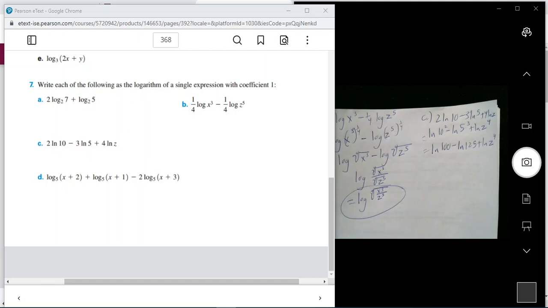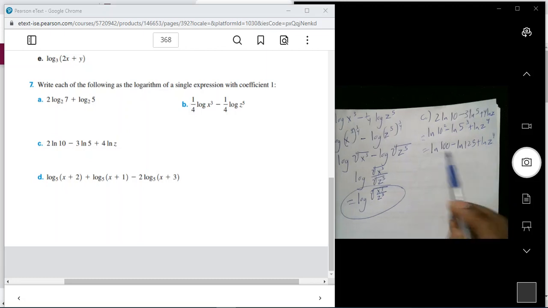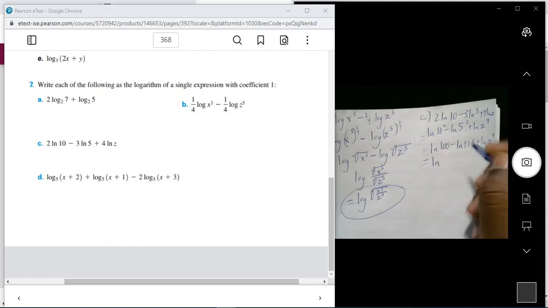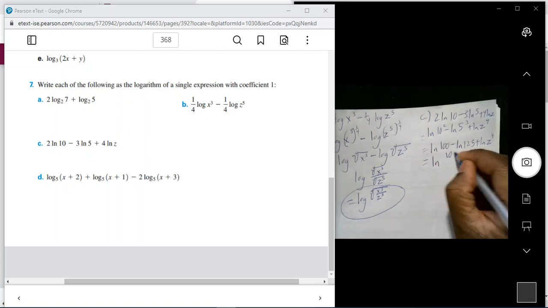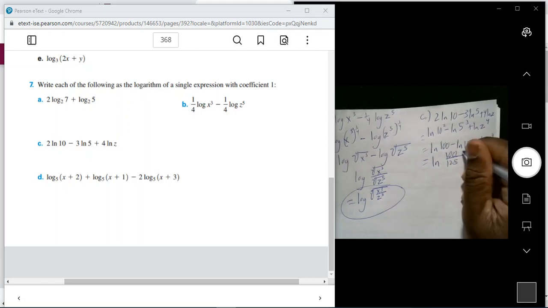All right, so our next step. Now, all of them have the same base. And we have a subtraction sign here, so that means we're going to have some division. And then we also have an addition sign here, which means we're going to have multiplication. So this is going to be the natural log of 100 over 125, but then the z to the 4th will be in the numerator here.